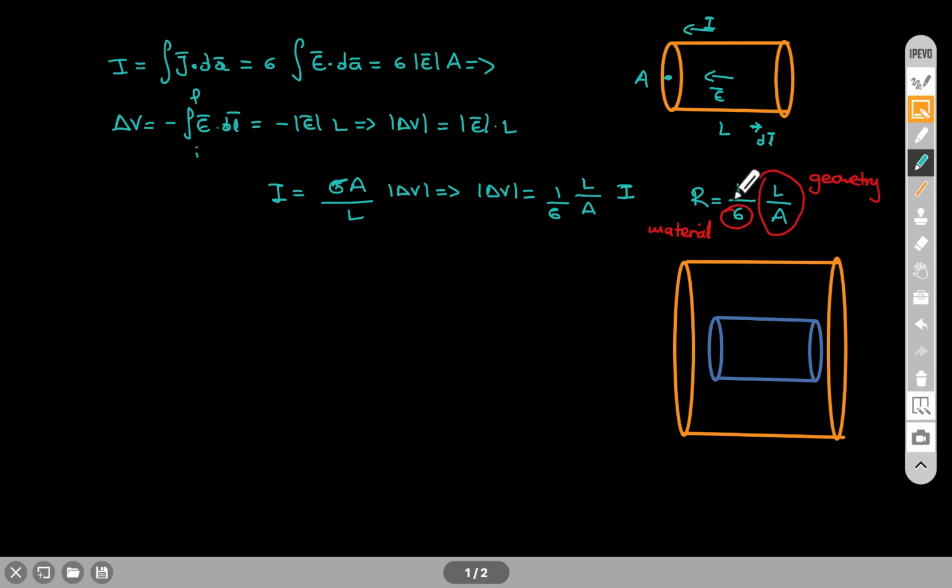You can also write this expression, since 1 over the conductivity is equal to the resistivity, as R equals the resistivity times L over A. Keep in mind this specific expression that you see in introductory physics is specific for this conductor, for this object, with the assumption that the current is flowing along this axis, this direction, and the electric field is uniform.